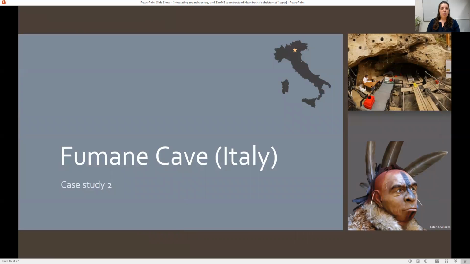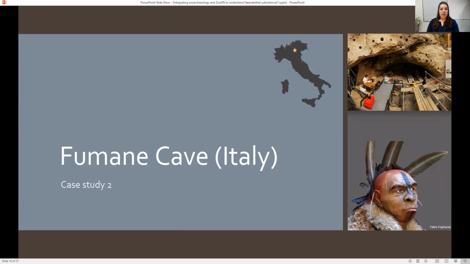So during the second part of this presentation, we will discuss another aspect of the potential of ZooMS for the study of human evolution through our study at Fumane Cave. Fumane Cave is located at the bottom of the Venetian Prealps in northern Italy, as illustrated by the orange star on the map.